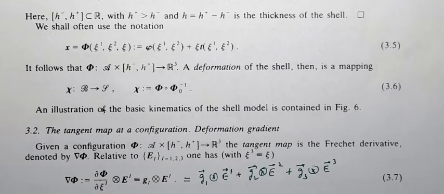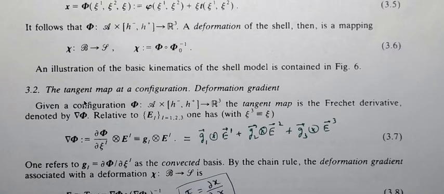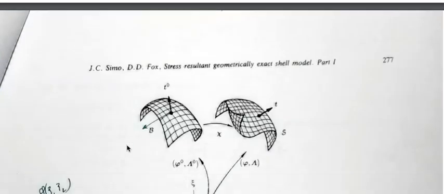And if we talk about the deformation, it is a mapping from phi naught to phi, or in other words it can be written as phi of phi naught inverse. Now if we talk about the deformation gradient, the deformation gradient can be written as grad phi of grad phi naught inverse. This can be understood better in this picture.